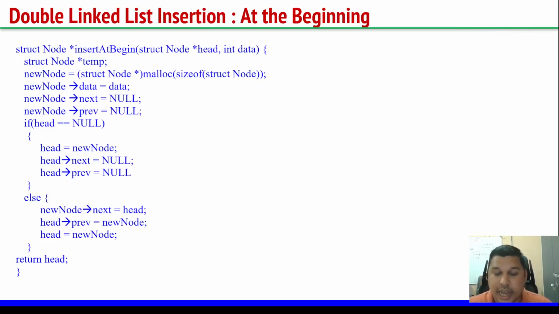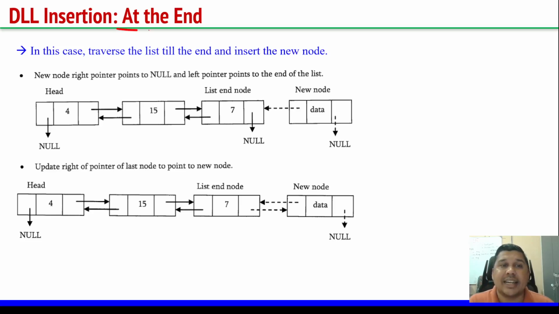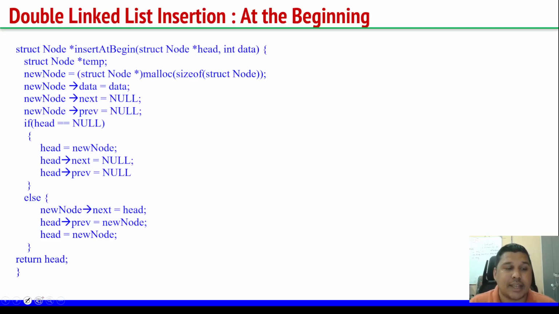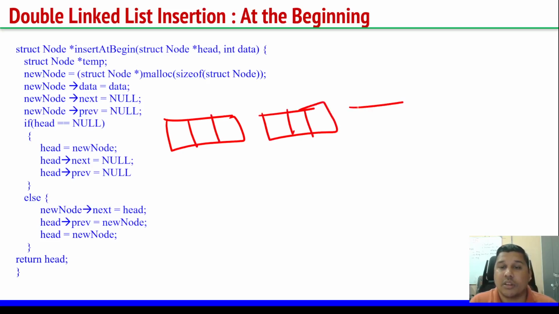Now, let us see how we do inserting an element at the end in a double linked list. So, we will try to understand with an example here, then we will go and see the code. So, in a double linked list, I have some elements like this.